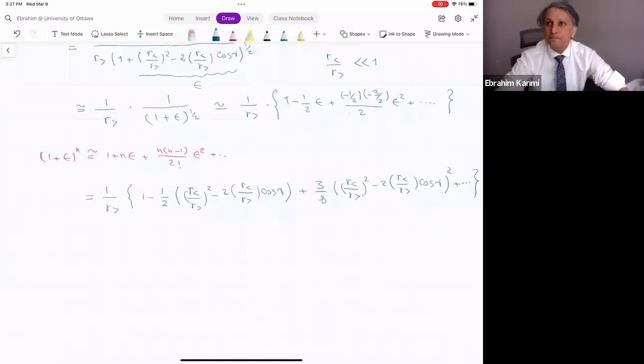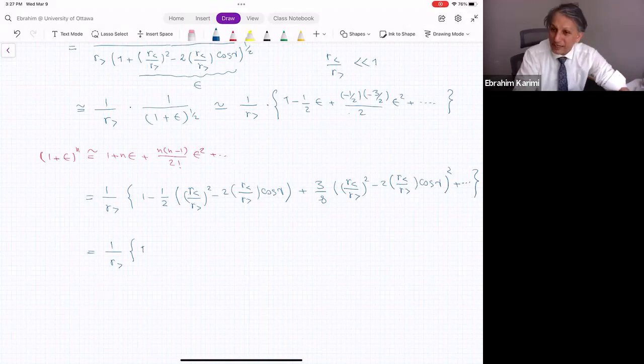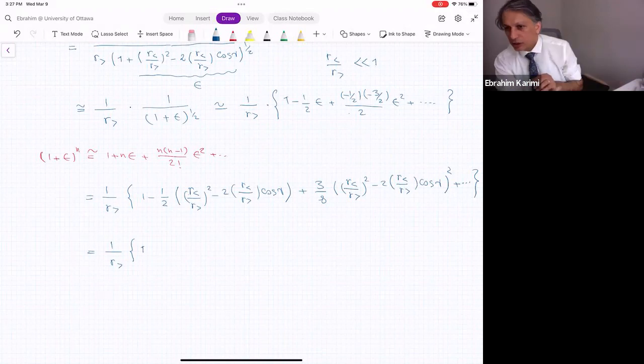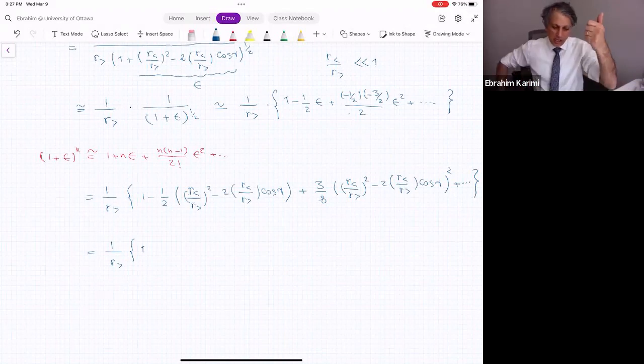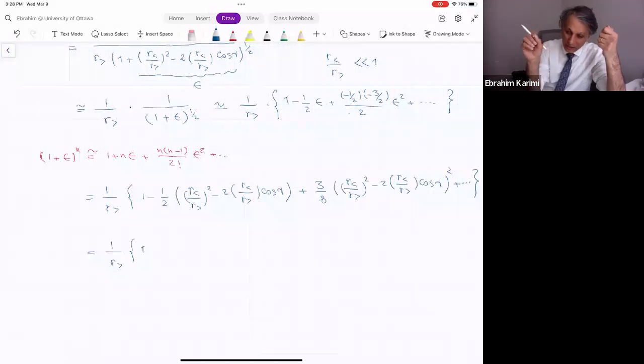Is that fine? Okay. So that will be 1 divided by R larger. It is 1. I will set them together in such a way that the powers will be identical, okay? So now it is R small divided by R large.